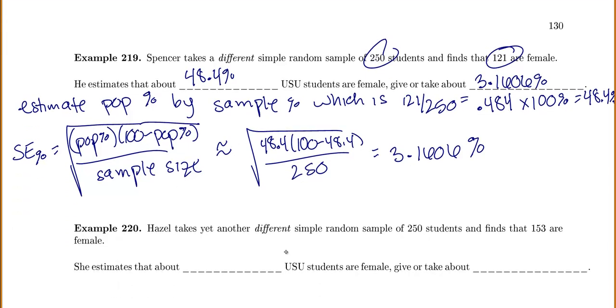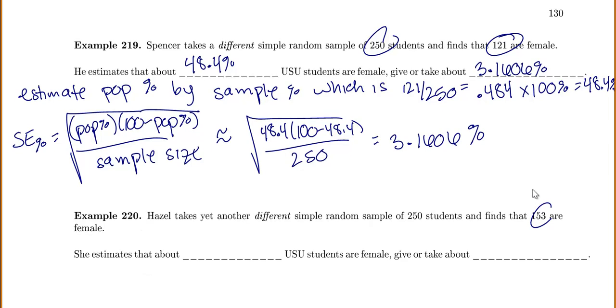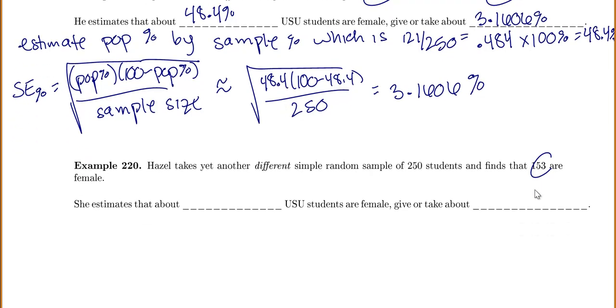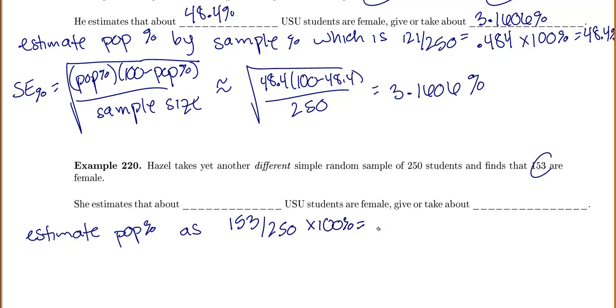Now in our next example, Hazel takes yet a different simple random sample of 250 students and now finds that 153 are female. So we're going to go through the same thing for Hazel. So she's going to estimate the population percentage as 153 divided by 250, and we'll times it by 100% to get a percentage, which is 61.2%.